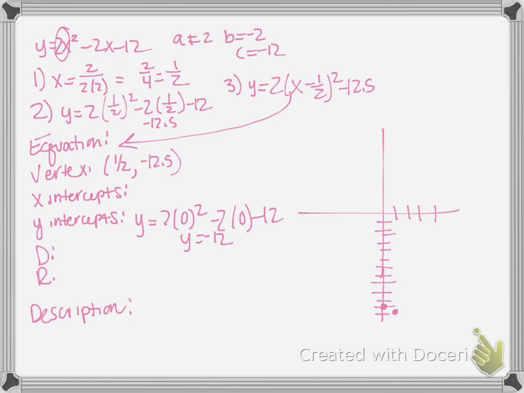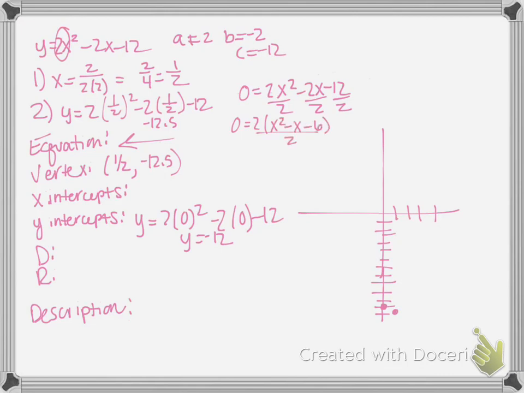So let's say we factor instead of using the quadratic formula for this. You set it equal to 0 because that's what all your y values would be. And then we're going to factor. It looks like they have a GCF of 2 that we got to take out. So 0 equals 2 times x squared minus x minus 6. We're going to move the 2 over to the other side so that my right side is normal.